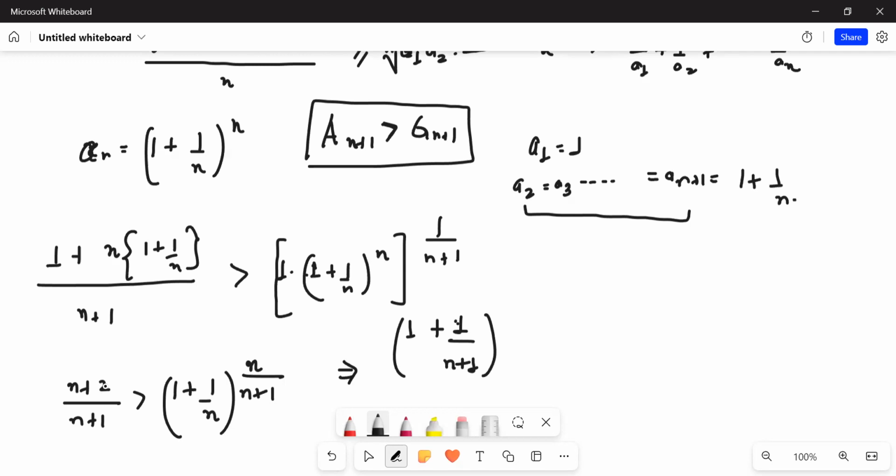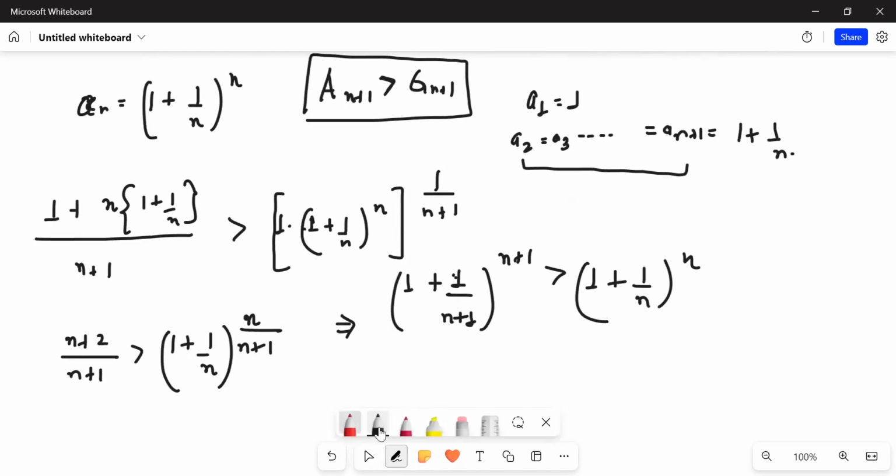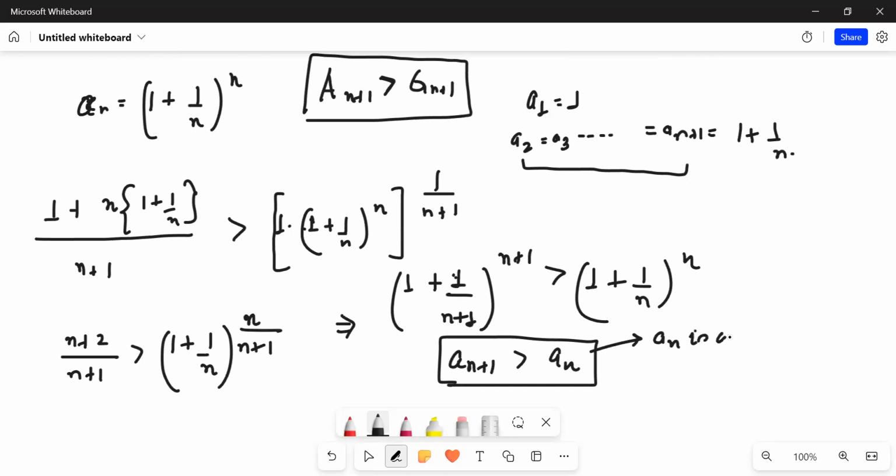Then you just raise both sides to power n plus 1. So from here, you can clearly write that an plus 1 is greater than an. So an is a strictly increasing sequence.